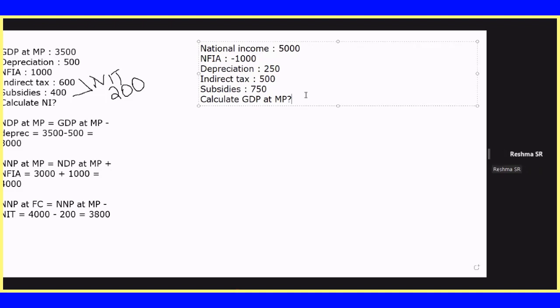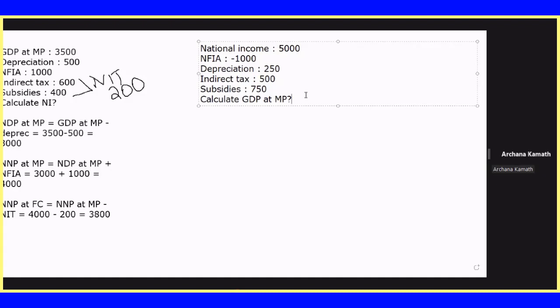Ma'am, we are finding NIT using GDP at MP and NDP at MP. Yeah, we can find this for NNP also, using the same equation: NNP at FC equals NNP at MP minus net indirect tax.